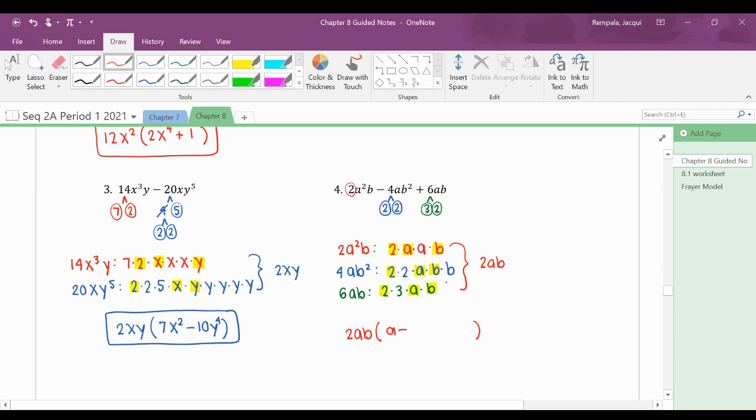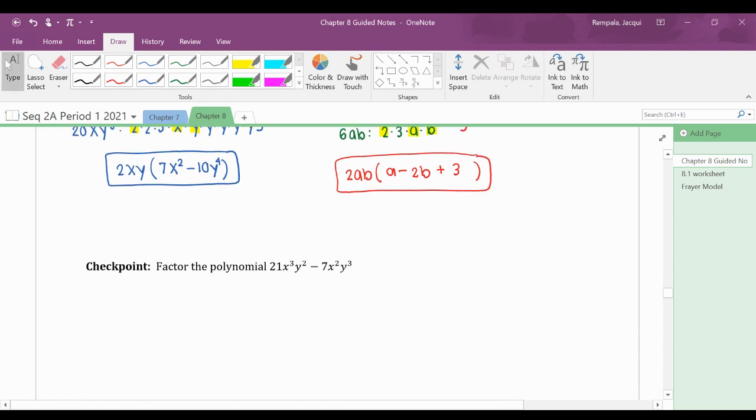Looking at what is not highlighted in the second row, there's a 2 and there's a b. Notice that there is an addition sign before that last row. So then what is not highlighted in the last row? Well, a 3. This would be my final answer. You do have a checkpoint problem, so pause the video and see if you can complete this.